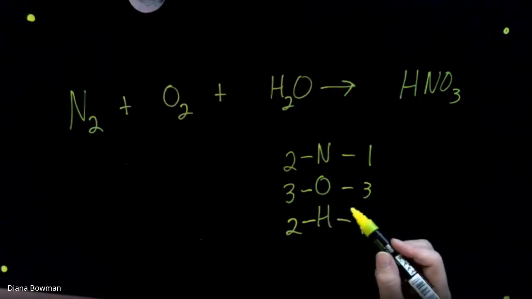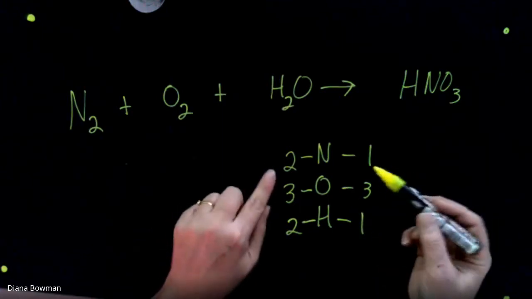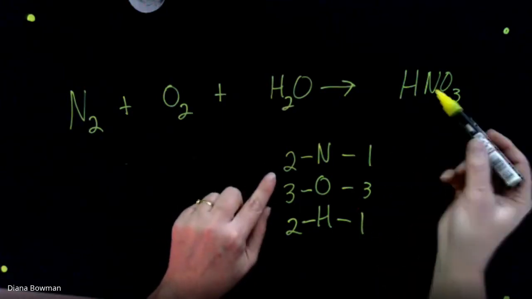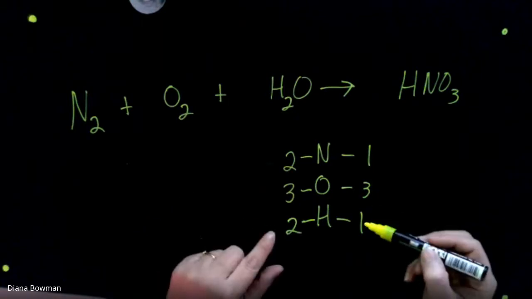That'll help. So the first thing I need to do is balance my nitrogens, right? So it looks like I have 1 here and I have 2 there. Do I want to do that one first, or do I want to do the hydrogens?